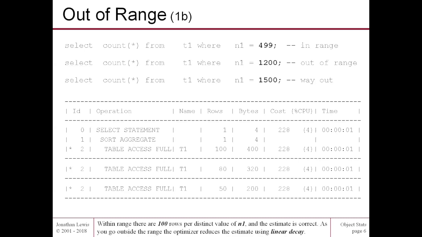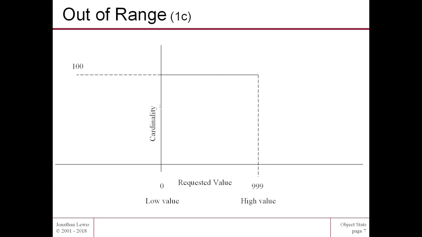We can draw a little picture of this, by the way, just to show you how Oracle is thinking, the image behind the arithmetic. When Oracle has very simple data here, it's a uniform distribution of data. We've moved from a low value of 0 to a high value of 999. And very uniform data. We have 100 rows for each value.